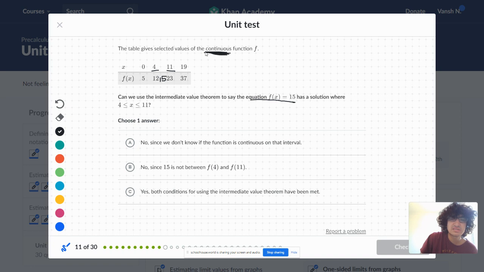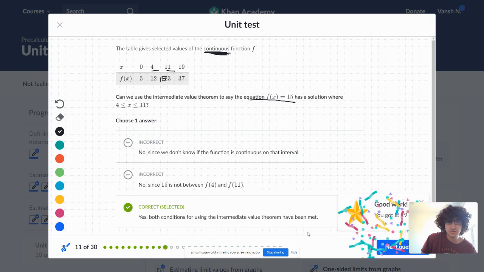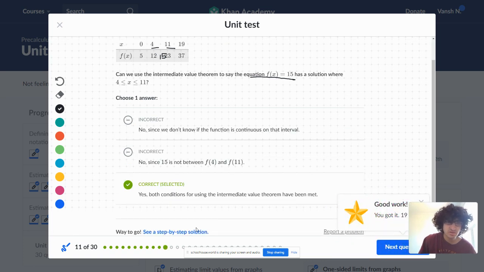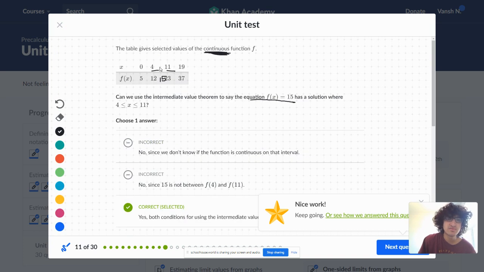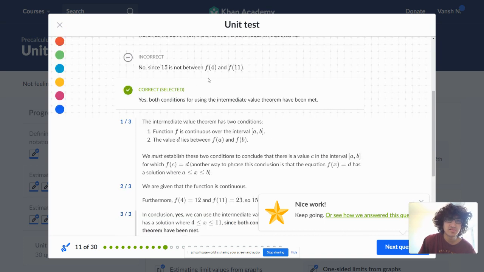And the other condition? It's just that the value lies between f of 4 and f of 11, and f has to be continuous.